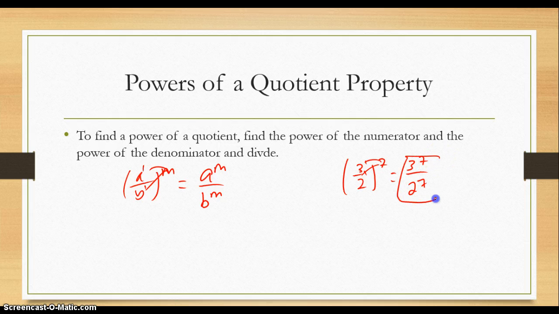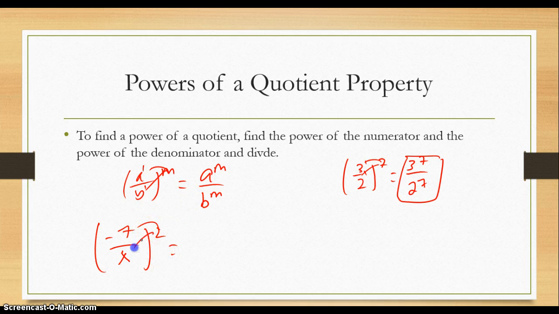Okay, leave it in exponential form if they tell you to, or you could simplify that down. Okay, so let's look at a couple examples here. You know, the basic one, let's say -7 over x squared, all squared.